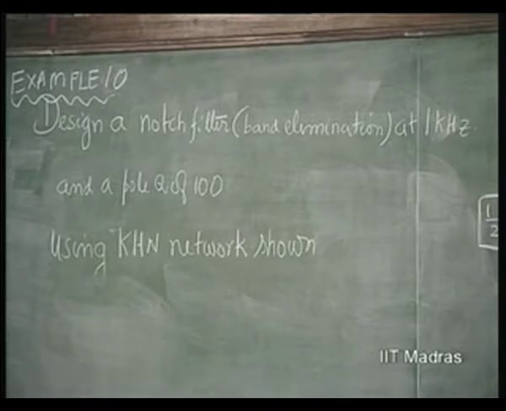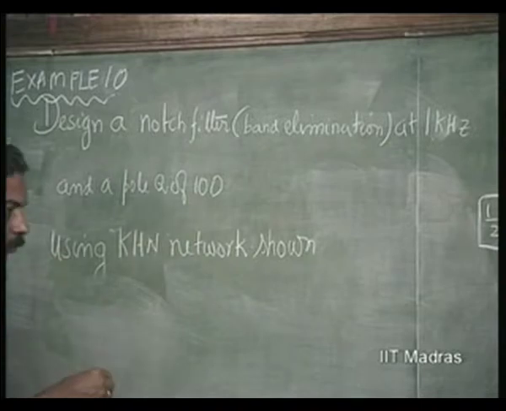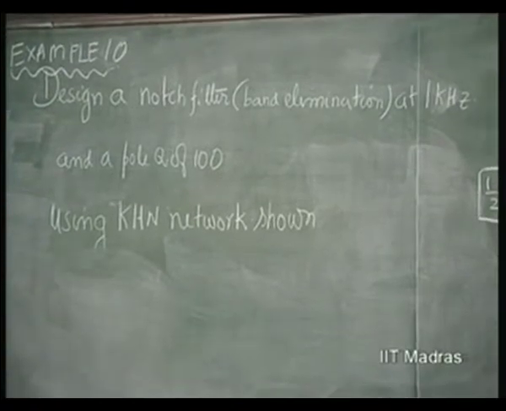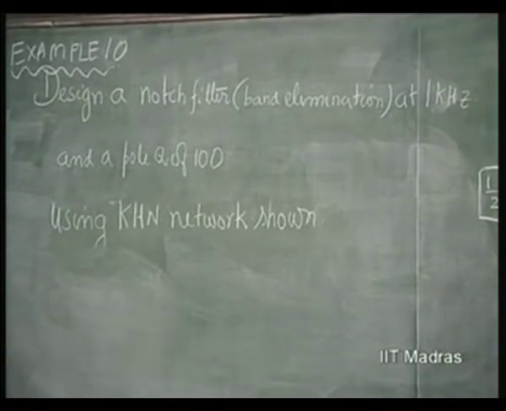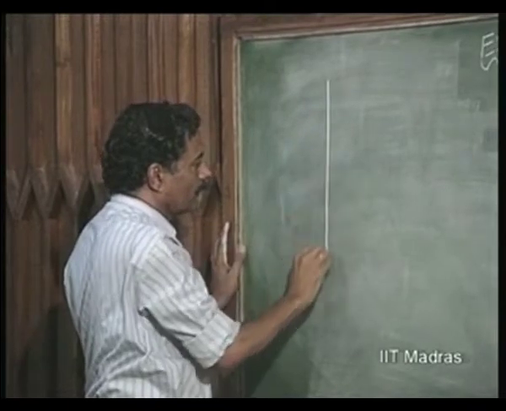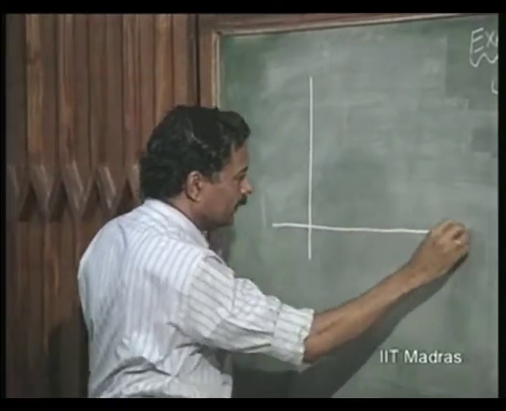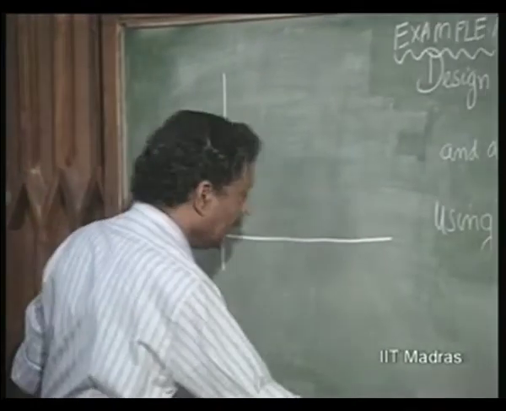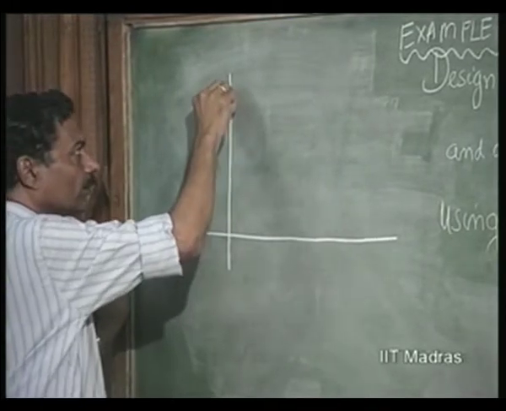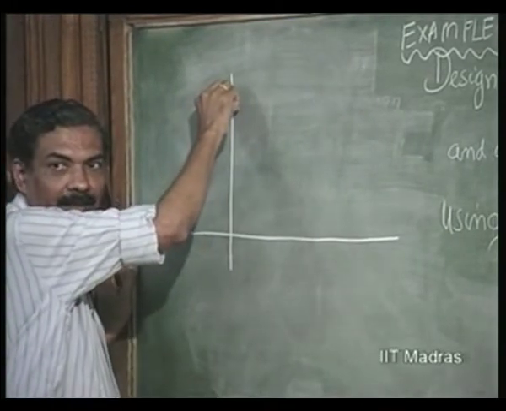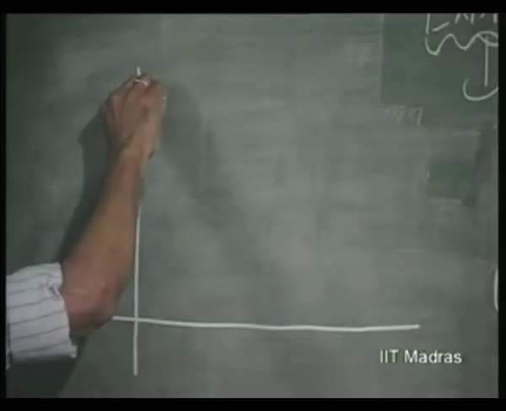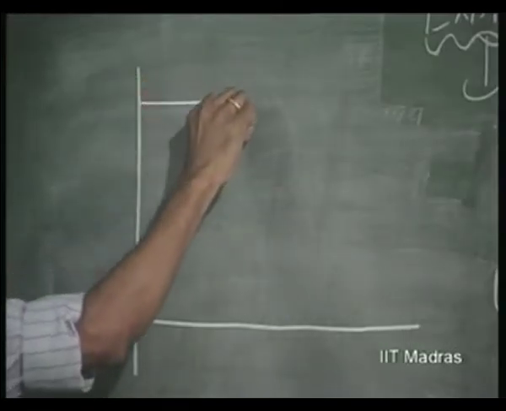So, what is a notch function? Let us understand what this filter function is. What is required is that output should go to 0 at a certain frequency. It should be constant at all other frequencies.